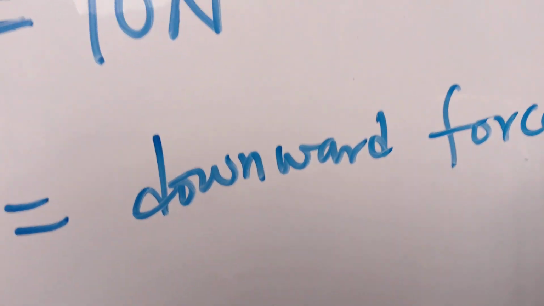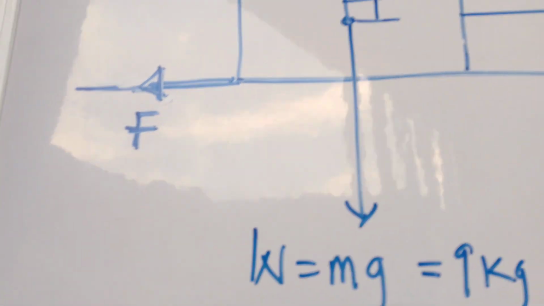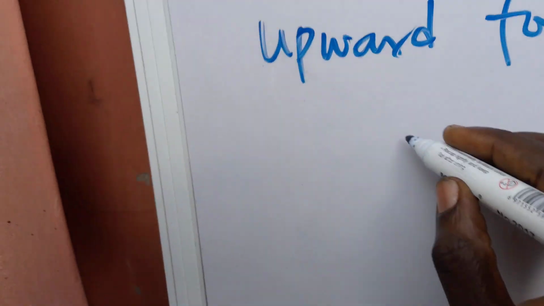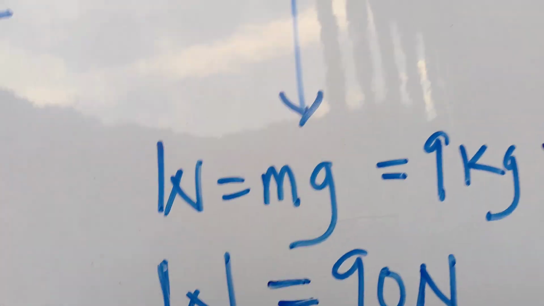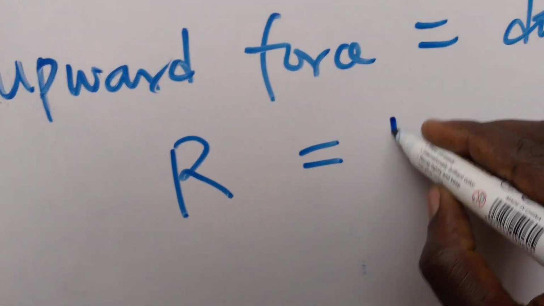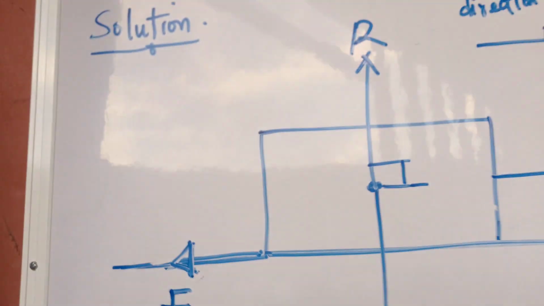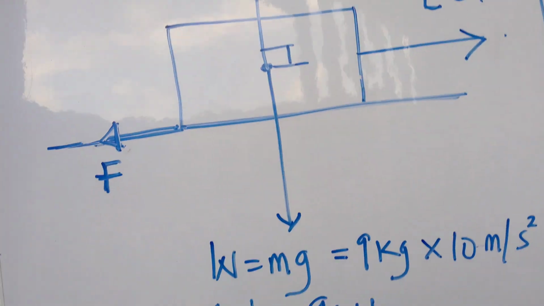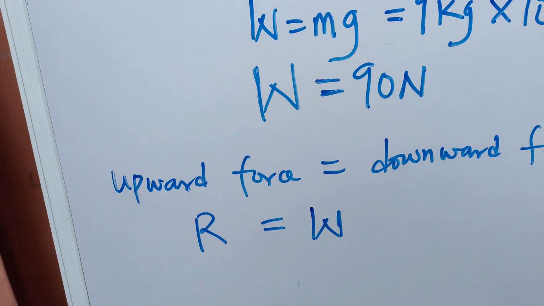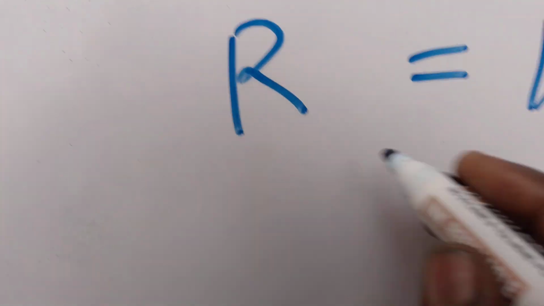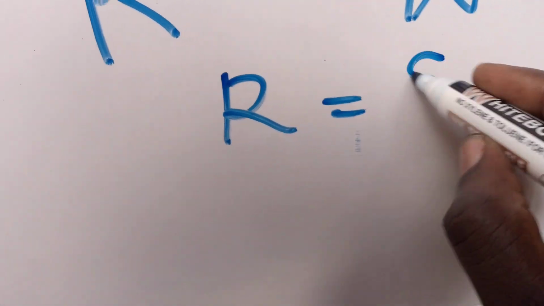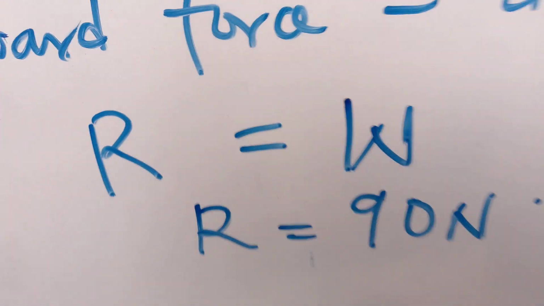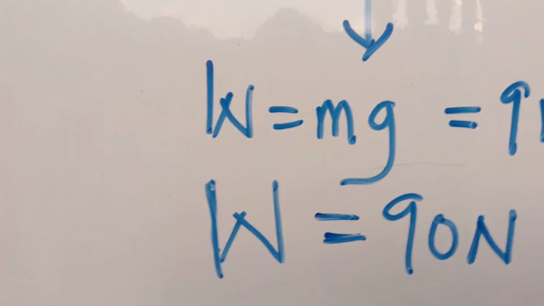The upward force there is R, our normal reaction, and the downward force is W, which is my weight, 90 Newton. So therefore R will be equal to 90 Newton. My normal reaction is 90 Newton since W is 90.